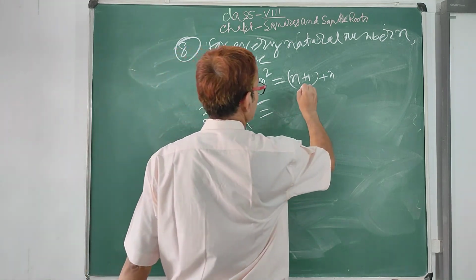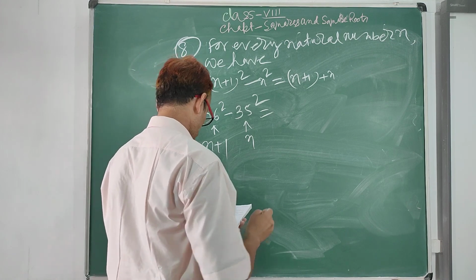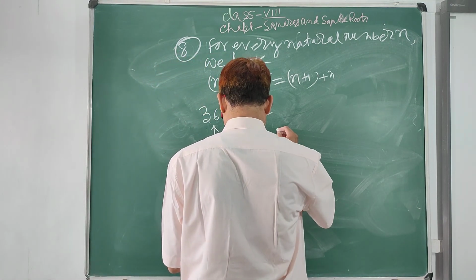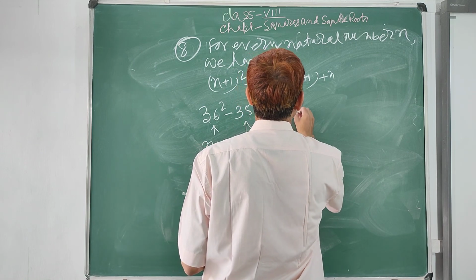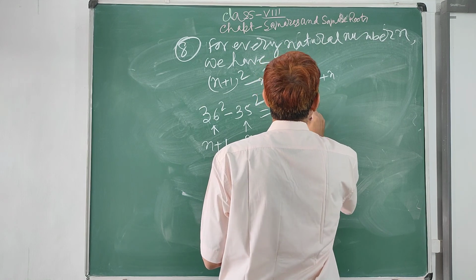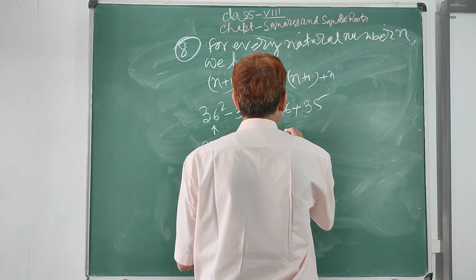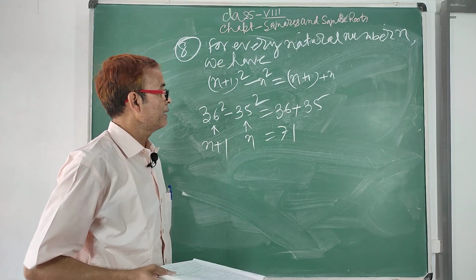So by this property, n plus 1 plus n, this is 36 plus 35. This is equal to 71. In this way, you may get the result.